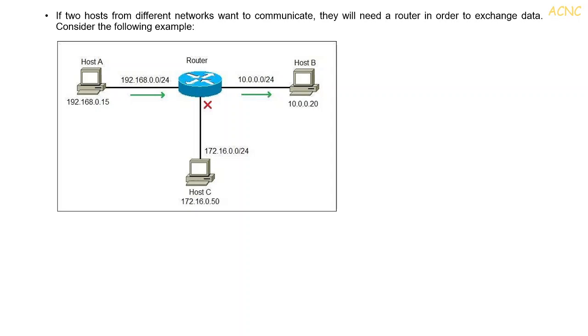Consider the following example. If there are two different networks, where one has a class A local LAN IP, another has a class B, and another a class C, then we need a router between the networks to communicate with each other.